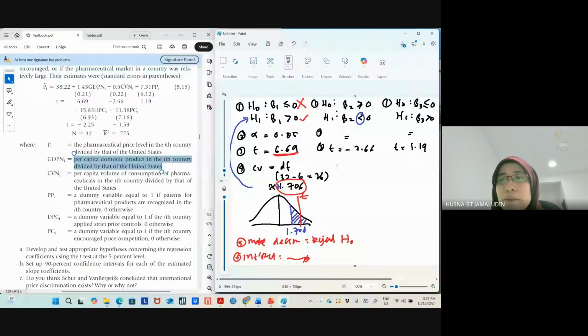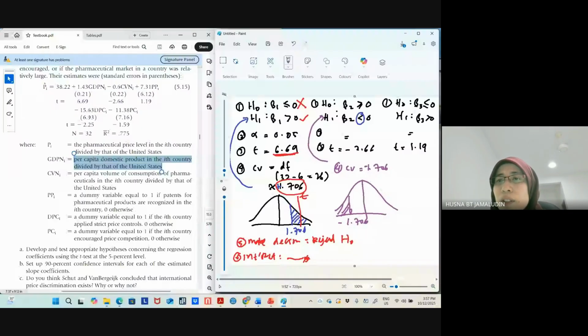So for number 2 here, the CV is 1.706. But because it follows its sign, the CV here will be negative. So when you draw your diagram, CV will not be on the right side because it is negative. So it will be on the left side, negative 1.706.